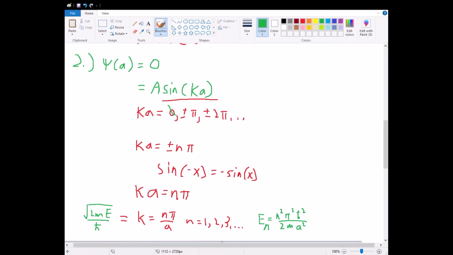This result should be shocking. You should not be accepting this as if it was obvious, because unlike in classical mechanics, where energy takes on a full continuous spectrum of possible values, systems in quantum mechanics have certain energies that E can take on and no other values.